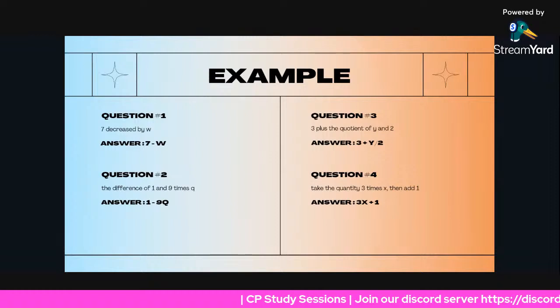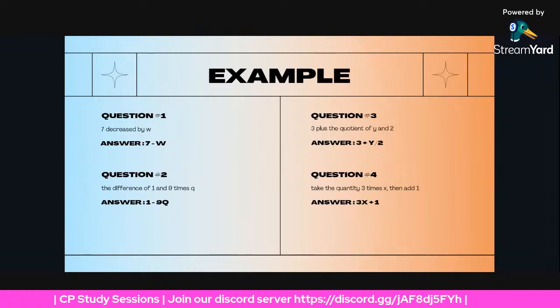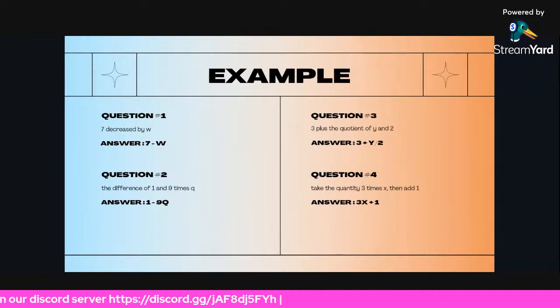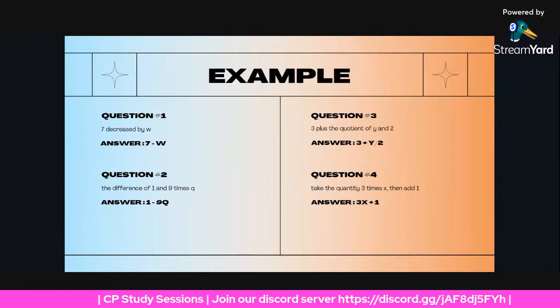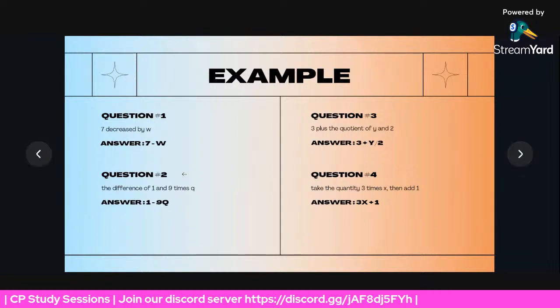Kunwari, ang example is 8 increased by y. So, ang lalabas nyo dun is 8 plus y, since yung ginamit yung term is increased by. So, na-explain ko naman na yung answer key sa question 2.